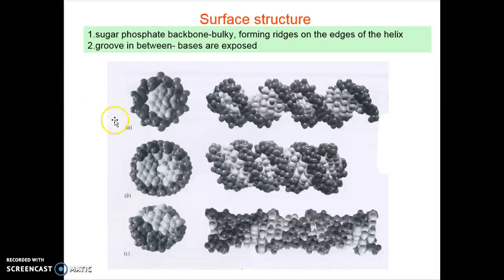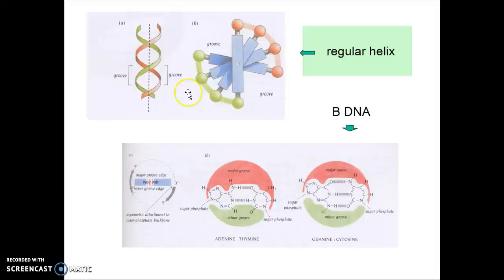We must understand what causes the major groove and minor groove in B form. In this hypothetical regular helix, the bases are attached to the sugar phosphate backbones equally on both sides, so that the two grooves, front and back, are almost identical in shape.